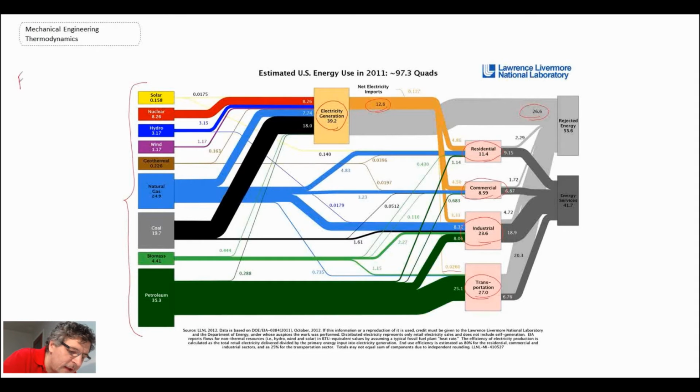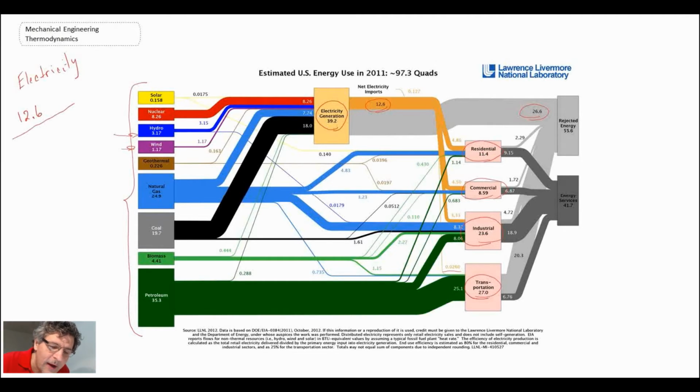So let's say electricity. What we have is 12.6, and this is in terms of quads. That's what we're getting as the output. I'm going to divide it by what we're putting into that, and I'm going to remove a couple of the different sources. The ones that I will remove will be hydro and wind.